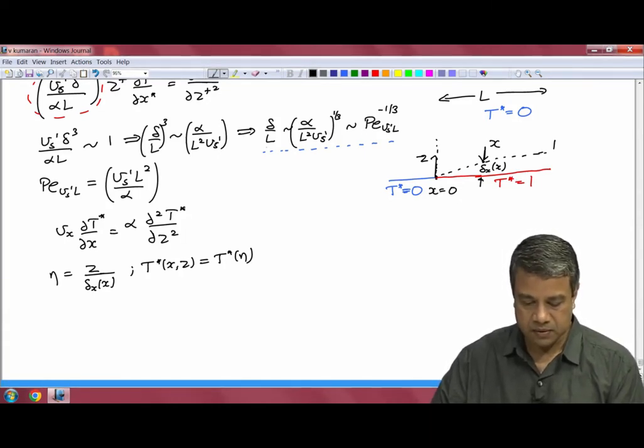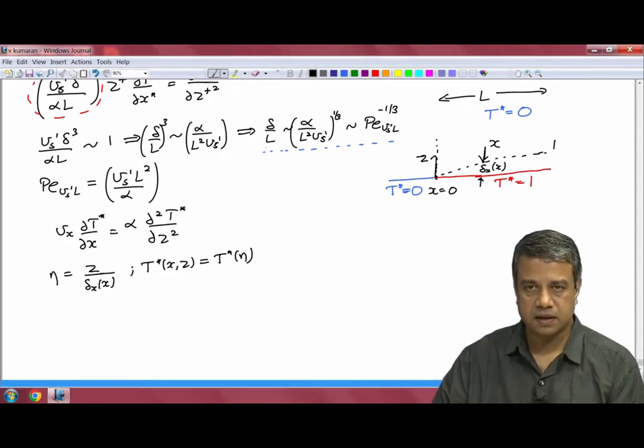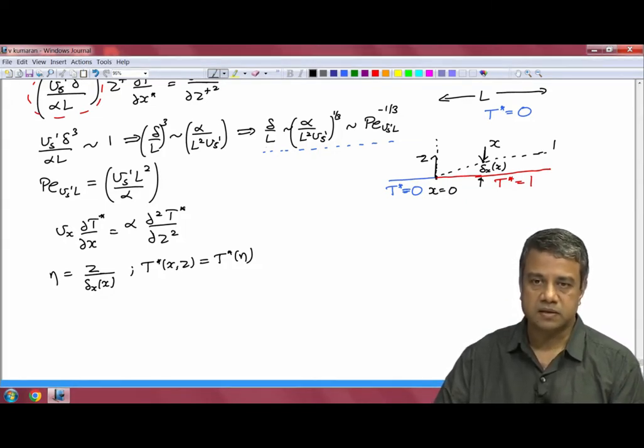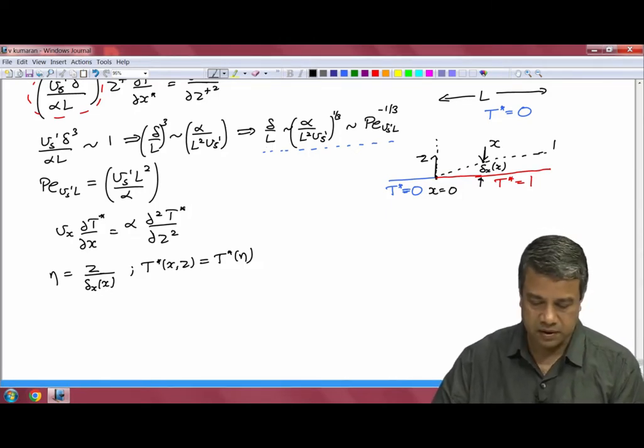I need to determine what this delta x is in such a way that convection and diffusion are comparable, and the temperature field expressed in terms of eta, the similarity variable, is only a function of eta and does not depend separately on x and z.